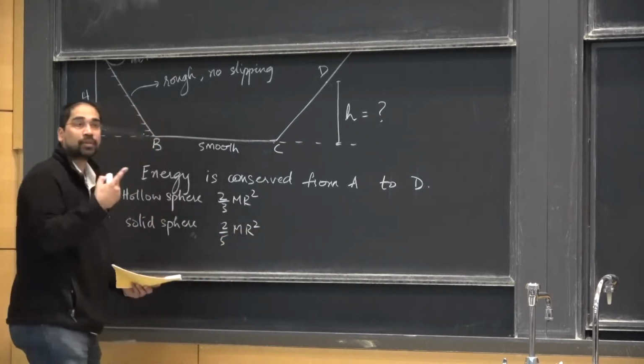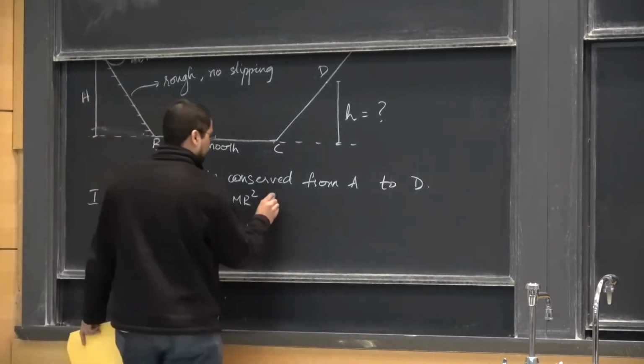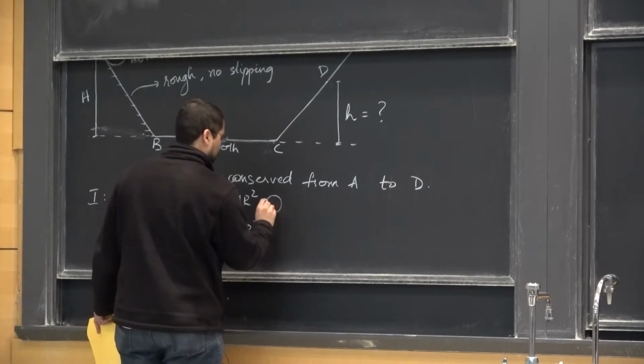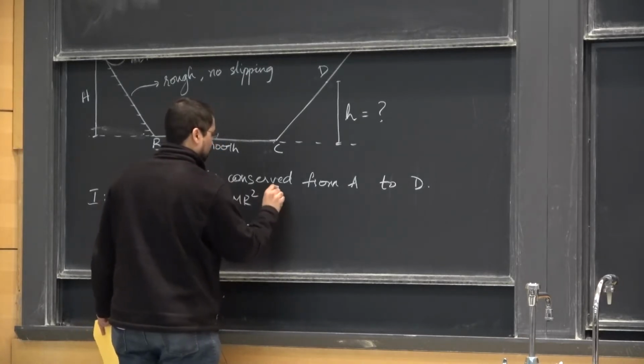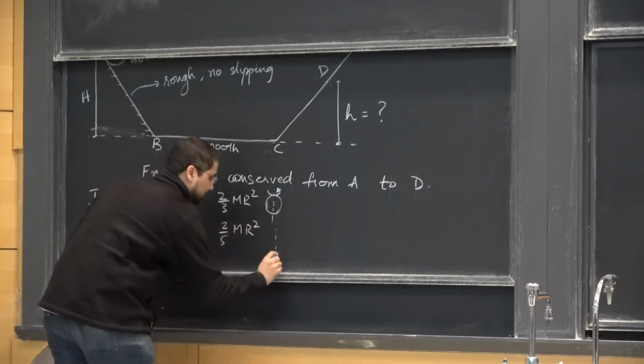Of course, all this is assuming they're spinning about the center, right? So if you have a sphere that looks like this, they're all spinning this way.